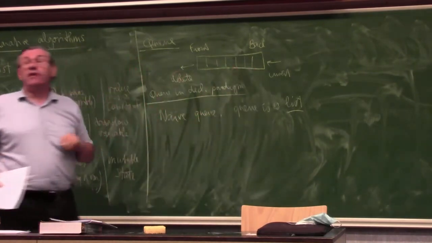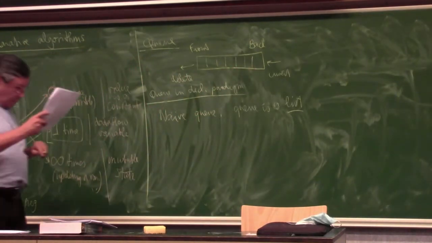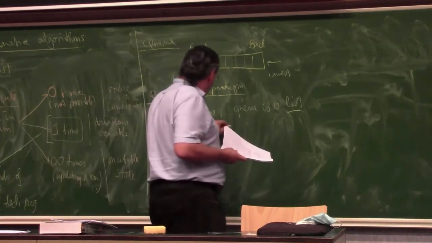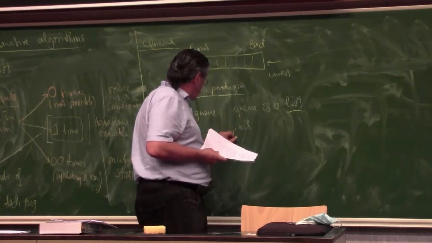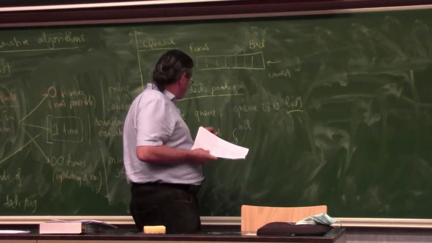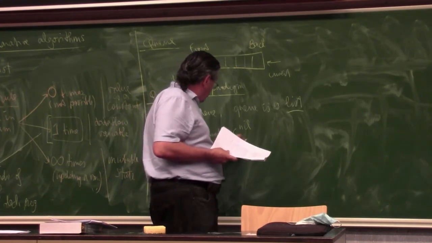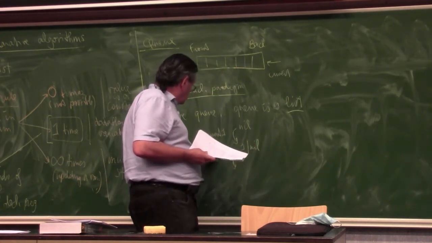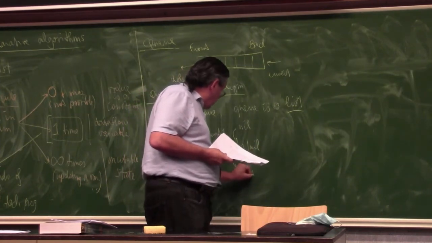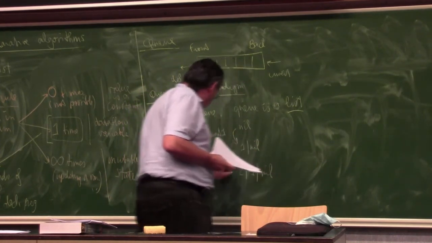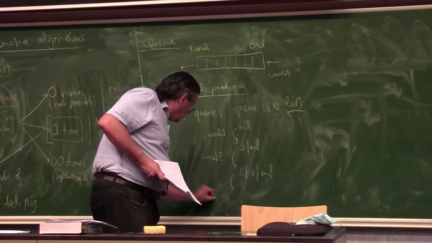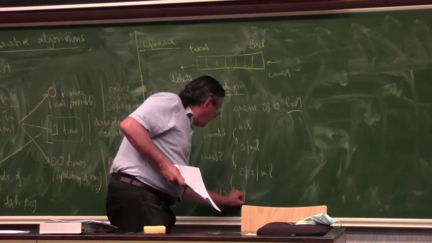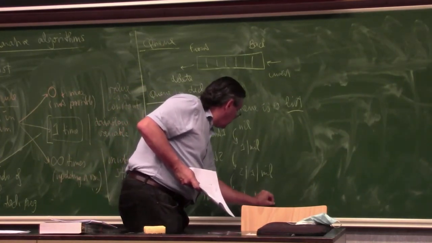I represent that as a list. So I start with an empty queue, nil. I insert 1. I get the list 1 bar nil. I insert 2. I get 2, 1, nil, for example. I insert 3. I get 3, 2, 1, nil.